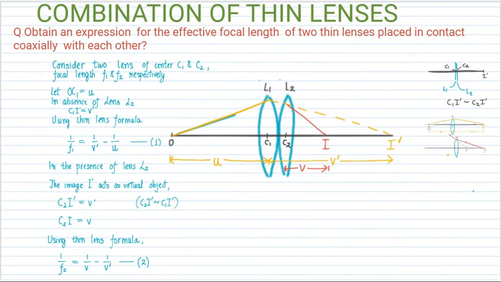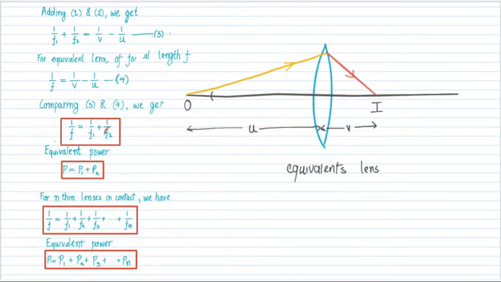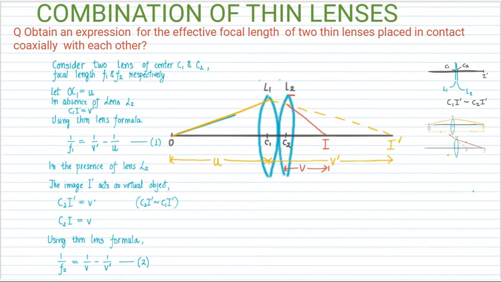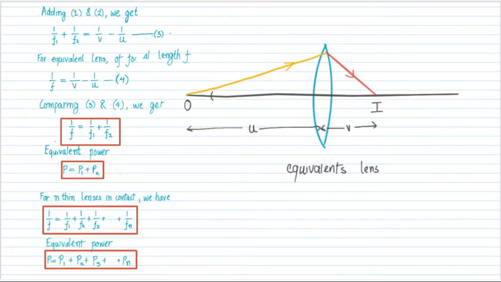F1 is the focal length of the first lens L1 and f2 is the focal length of the second lens L2. Similarly, the power can be written as P equals P1 plus P2.